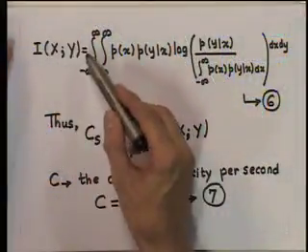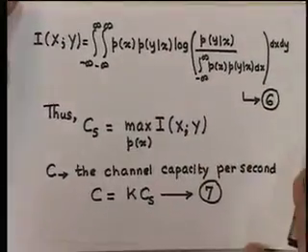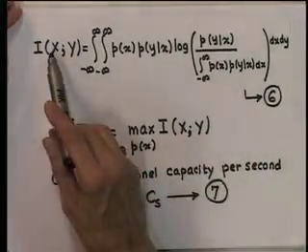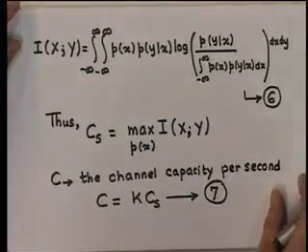Just as in the case of discrete variables, the mutual information is symmetrical with respect to x and y. Similarly, we can show that mutual information is symmetrical with respect to x and y for continuous random variables too.